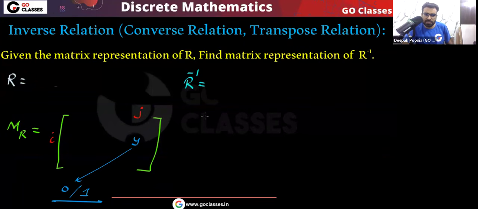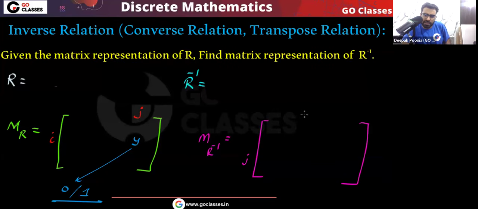Okay. You tell me one thing. If ij belongs to R, then this y will be 1. Then in R inverse, what can you say? Just tell me about the matrix representation of R inverse. So in the matrix representation of R inverse, we have J here, and I here. Correct?